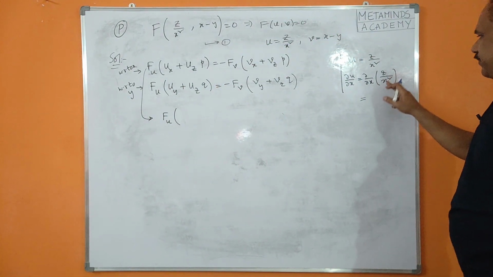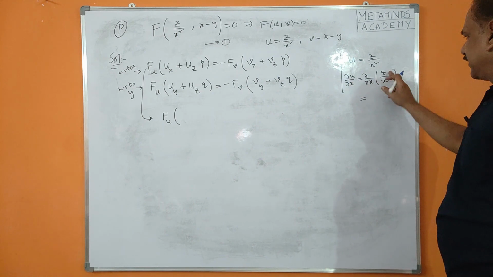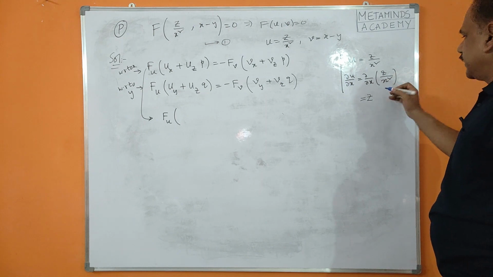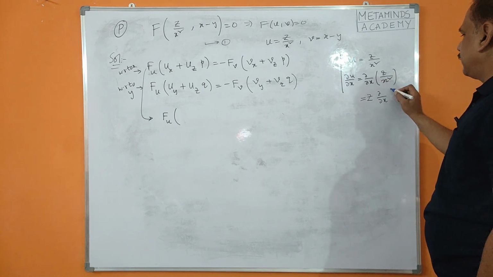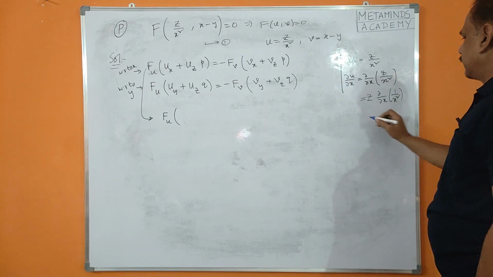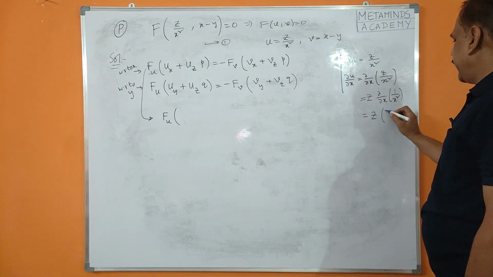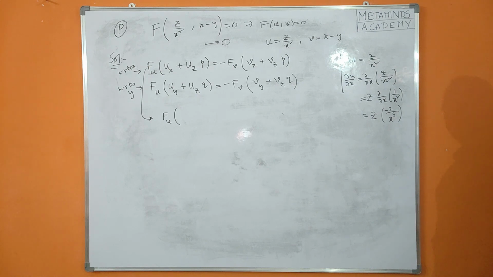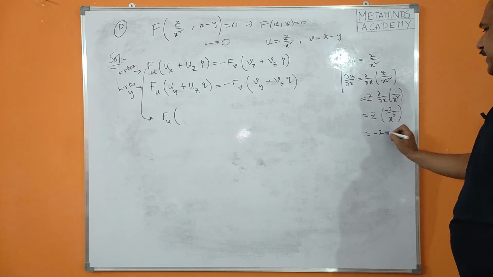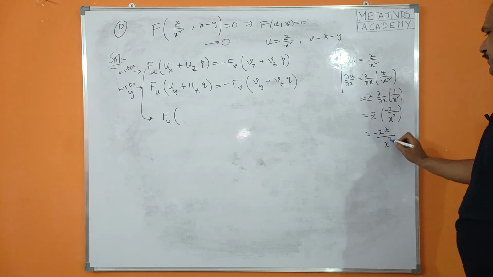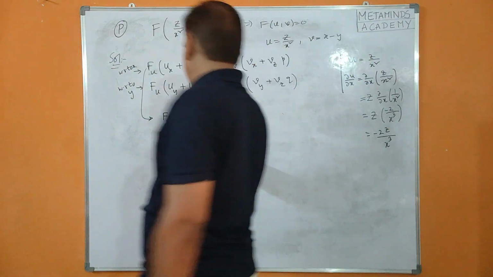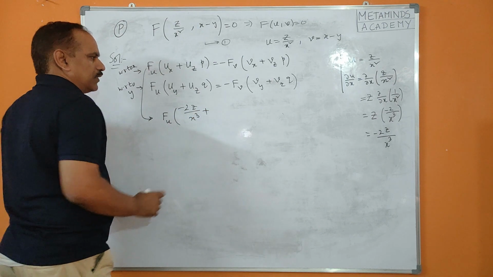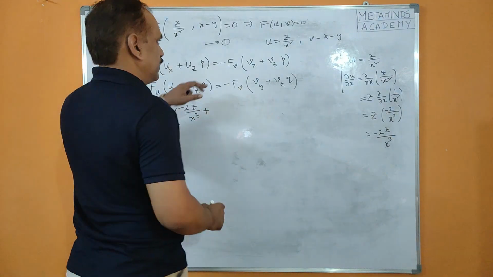Differentiating z by x square with respect to x, you can take z out because it is treated as a constant here. ∂/∂x of 1 by x square, z into minus 2 by x cube, minus 2z by x cube, that you write here, plus ∂u/∂z.